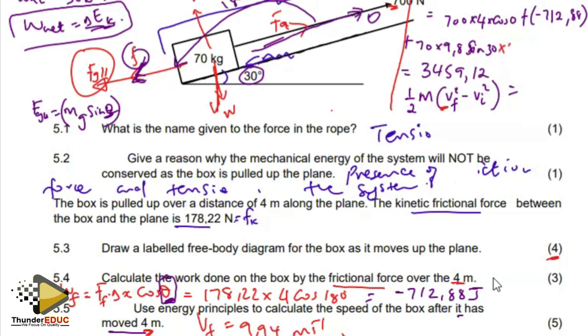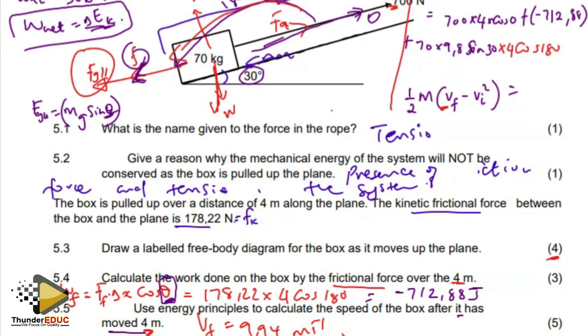I'm multiplying it by 4 and then the cos of 180. Why are we putting the cos of 180? Because it's also acting in the opposite direction. Thank you for that. So this is also out. So I'll have to redo it again.